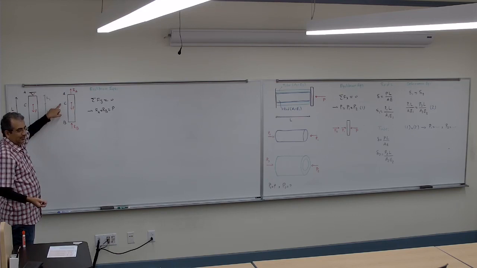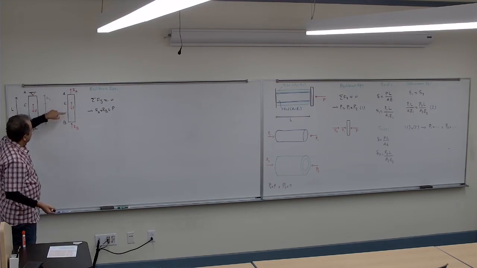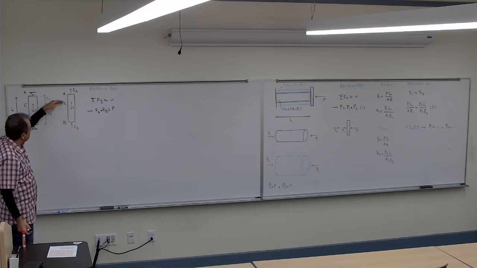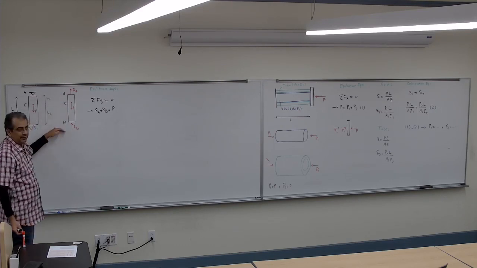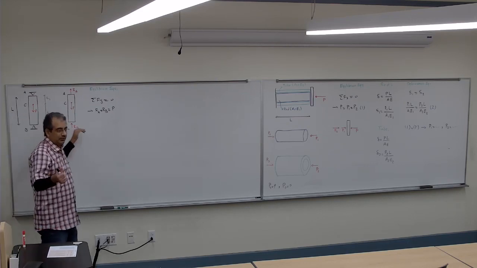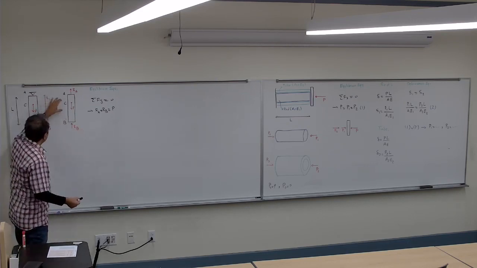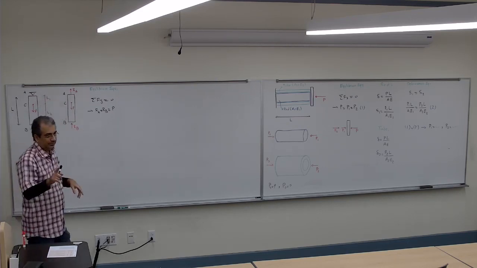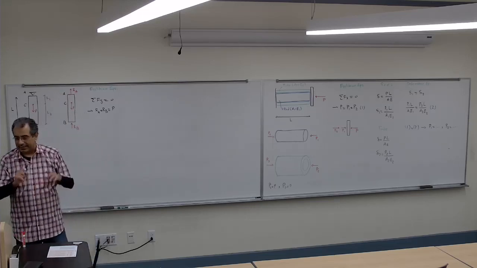It compresses, it decreases. So the point C is not going to stay there. The point C would come lower, correct? But A and B would stay where they are. So the total deformation is 0, but the deformation in each part is not 0. Correct? You got that? That's very important.